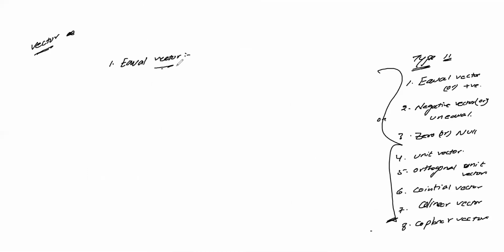Assuming there are two vectors, A vector and B vector, these two vectors are of equal magnitude and same direction.